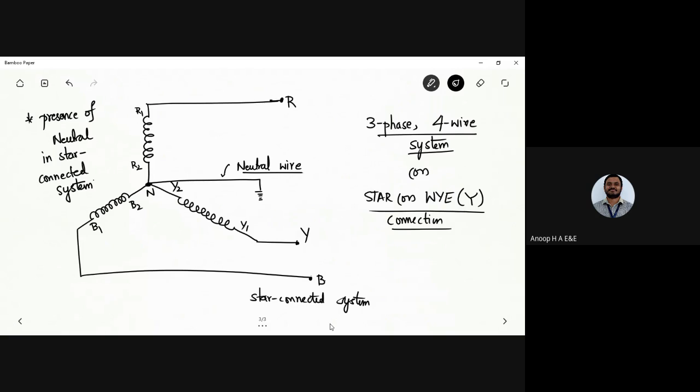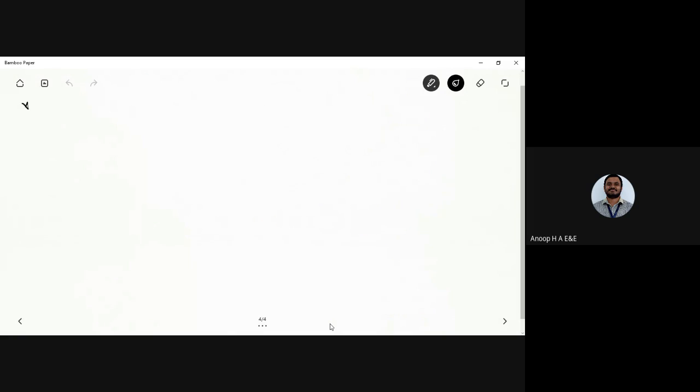In case of three-phase networks, three-phase systems or three-phase AC circuits, let us discuss more about the common terminologies. Let me write here: common terminologies.